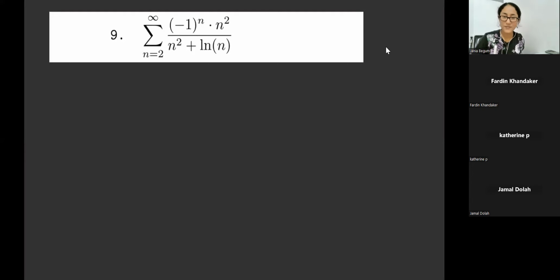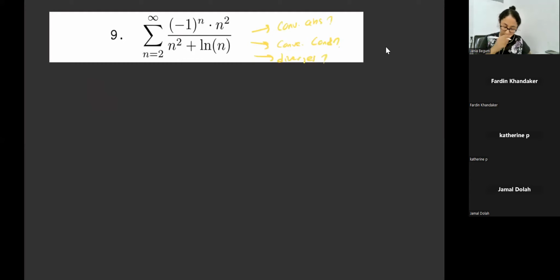Okay, so let's take the absolute value and see if it converges absolutely. The instruction for this question was, does it converge absolutely, converge conditionally, or diverge?